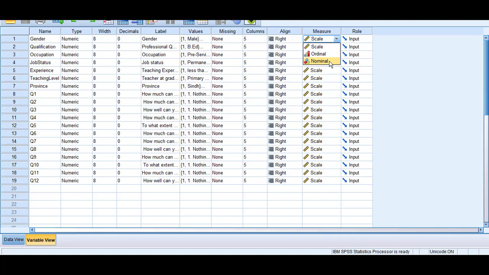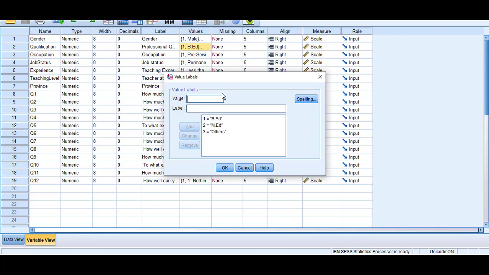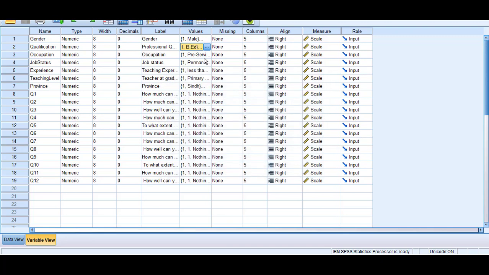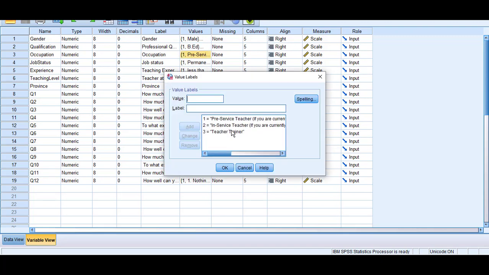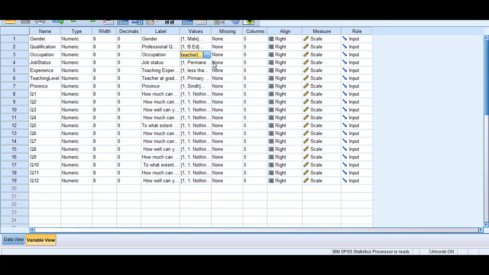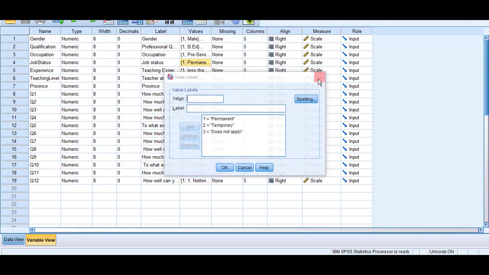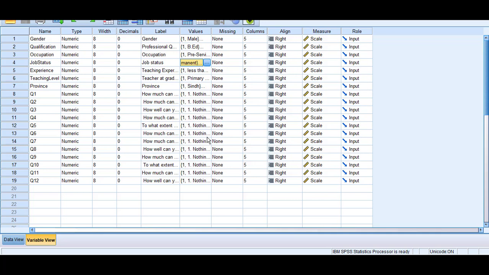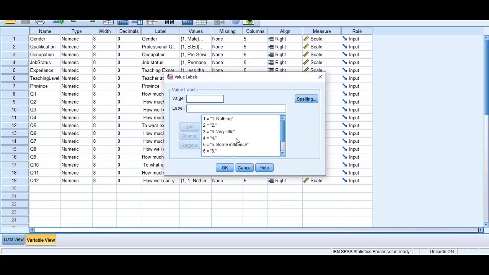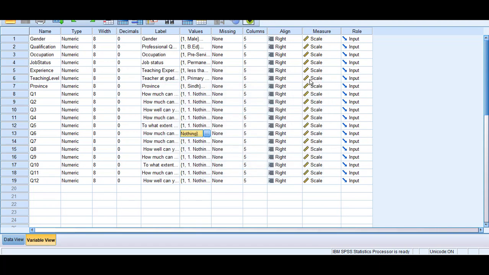For example, gender has categories, male and female, but order does not matter. Similarly, qualification, B.Ed, M.Ed, others. These can be nominal scales. Pre-service, in-service, these can be nominal scales. Permanent, temporary license, these can be nominal scales. But if you see this, nothing to very little, these are categories, but order does matter. So these are ordinal scales.